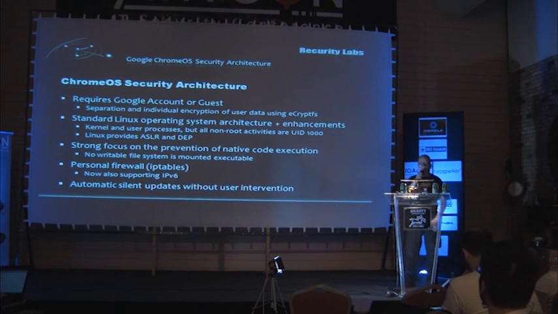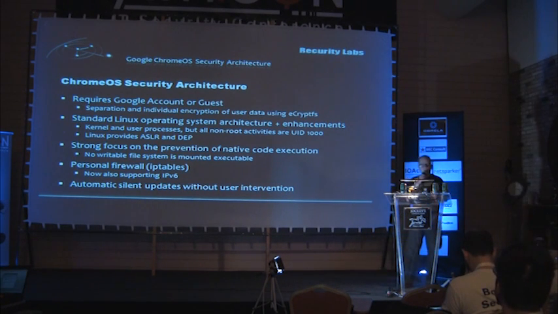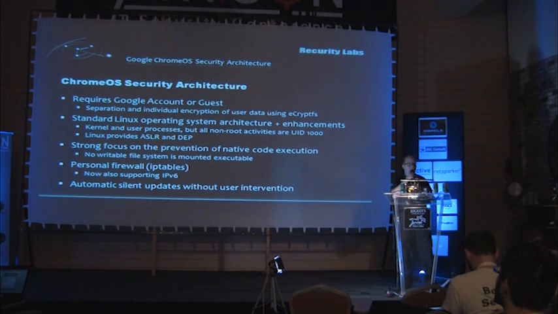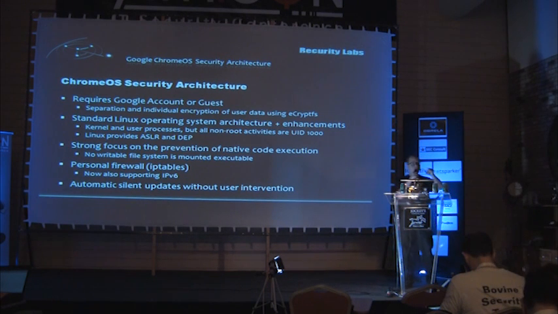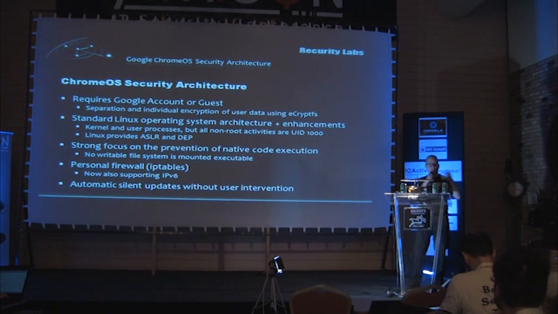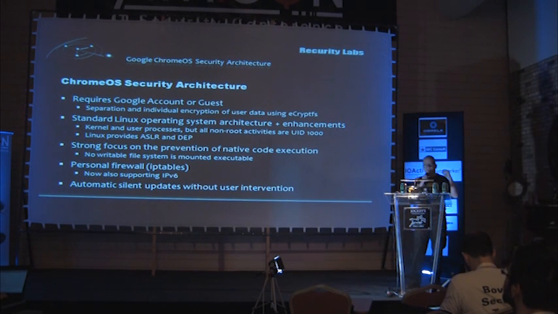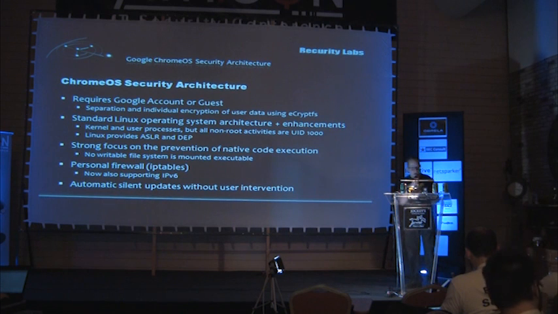Chrome OS security architecture. So essentially, the Chromebook is for people of my age or older that grew up with beating other people for touching their screen. So we prefer to actually have devices with keyboards. But this device is different, so it has a keyboard, but it requires a Google account or a guest account.